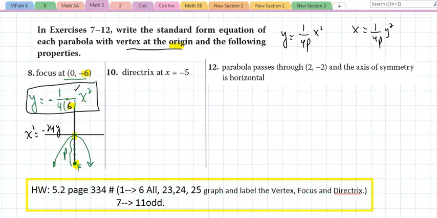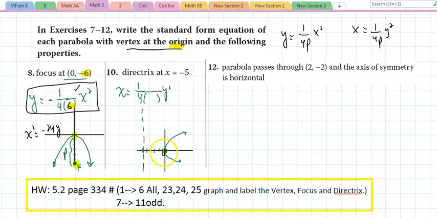How about if they told us, okay, here's another graph. Again, a graph is not part of the problem. You have a directrix at x equal negative 5. 1, 2, 3, 4, 5. There's the directrix. The vertex is right there. Doesn't that mean it opens to the right? Isn't that x equal 1 over 4 times p, x, y squared?